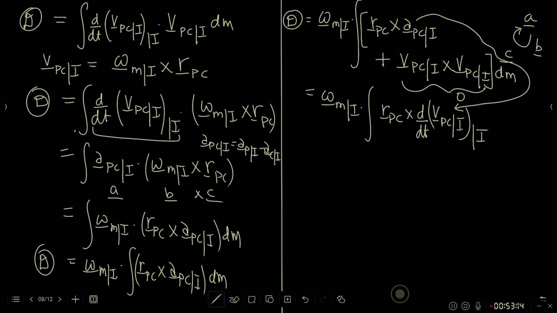This VPC can be written as this DDT RPCI. How does it help me? It helps me because now you see, if you apply the product rule of differentiation, what you actually have is ddt of RPC crossed with VPCI dm. That's what is inside the integral.